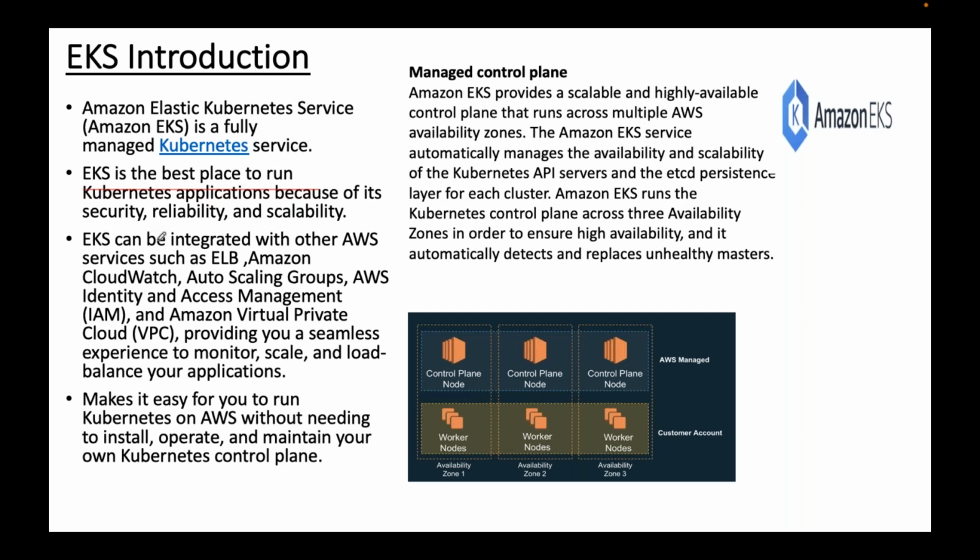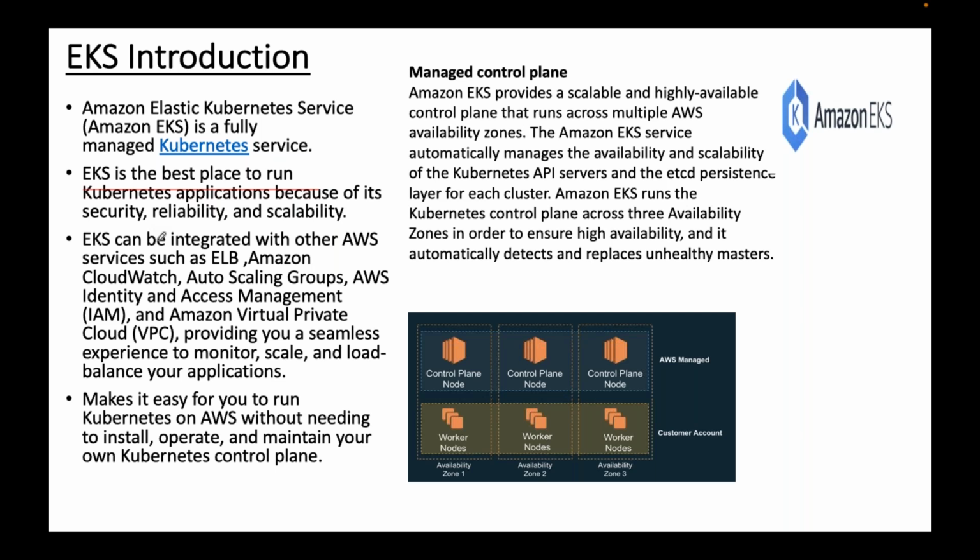So ELB support is there. ELB service is already integrated with EKS. And you can use CloudWatch for logging, like your control plane logging can be integrated with CloudWatch, and you can integrate with auto scaling group. Whatever EKS node groups you are going to add for your cluster, that is internally an auto scaling group again.